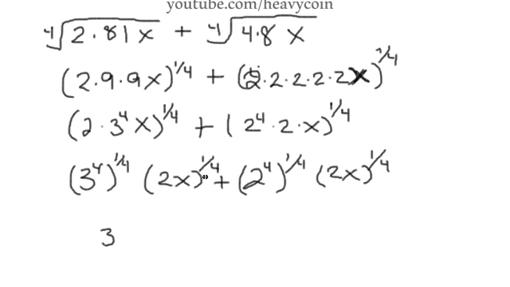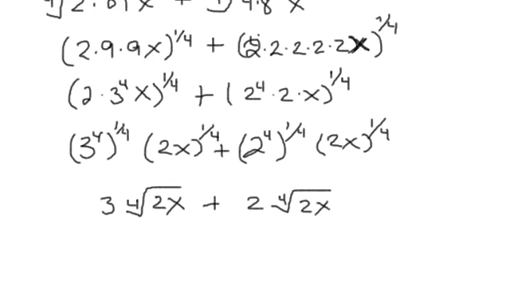Now I'm going to go ahead and make that jump and get everything back in radical form. Okay, and so this becomes plus 2 times 4th root of 2x. And now what we can do is go ahead, and since both these are the same, now we can add their coefficients.